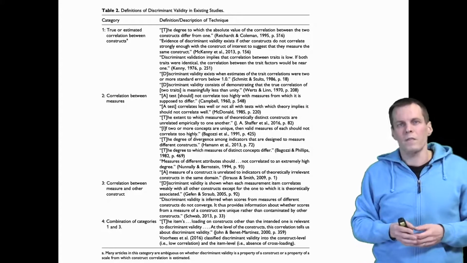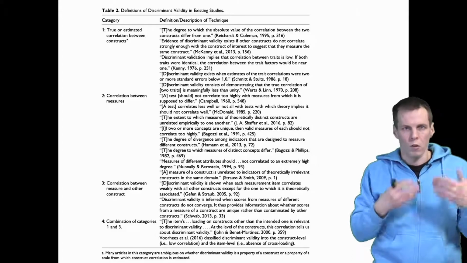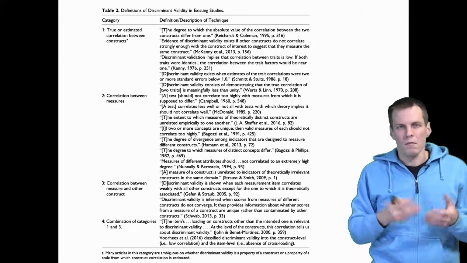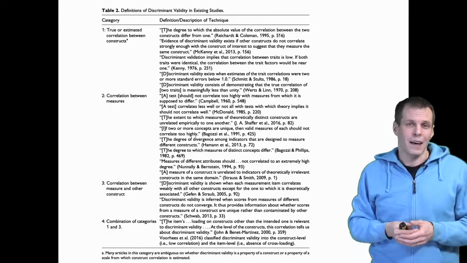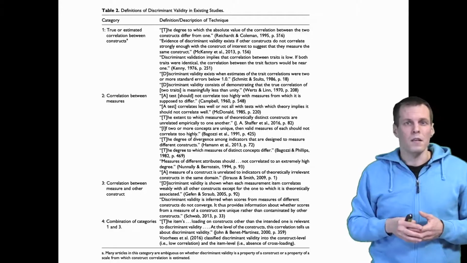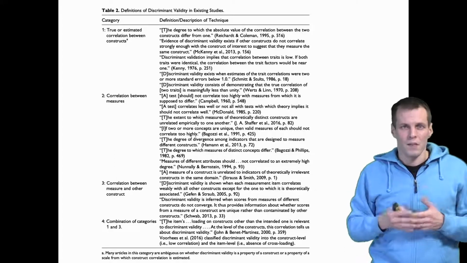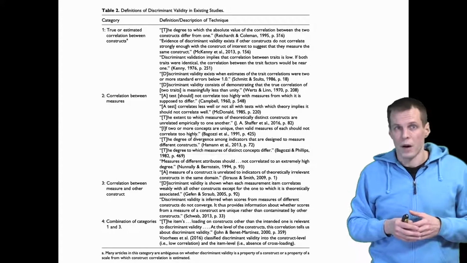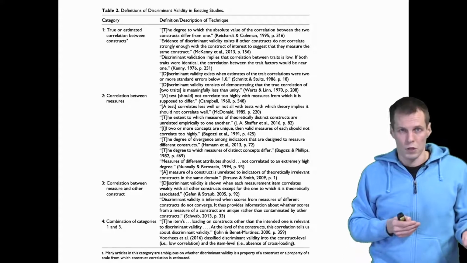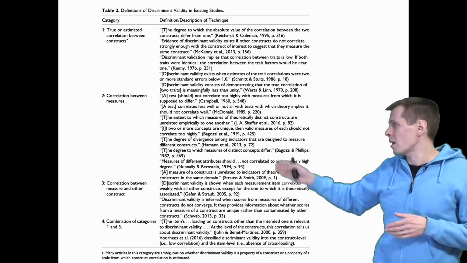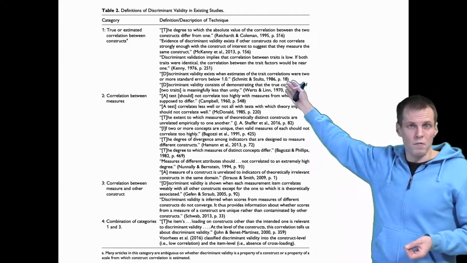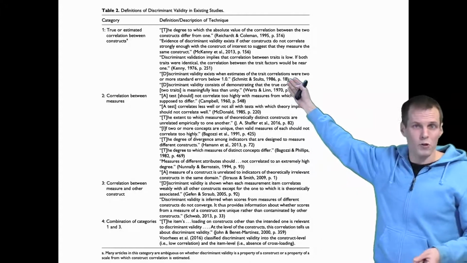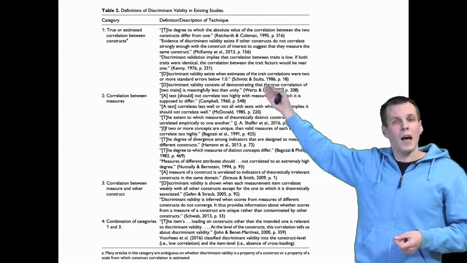If discriminant validity refers to constructs, the conceptual variables, then discriminant validity is something that exists independently of measurement, and as a consequence, for example, a discriminant validity problem couldn't be addressed by developing better measurement procedures. If on the other hand it's about estimated correlation, then it concerns estimation procedures and measurement procedures, and maybe the constructs themselves.